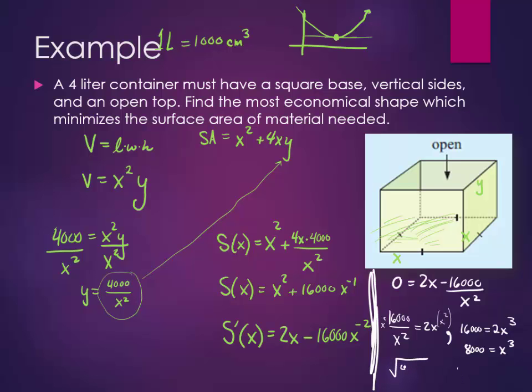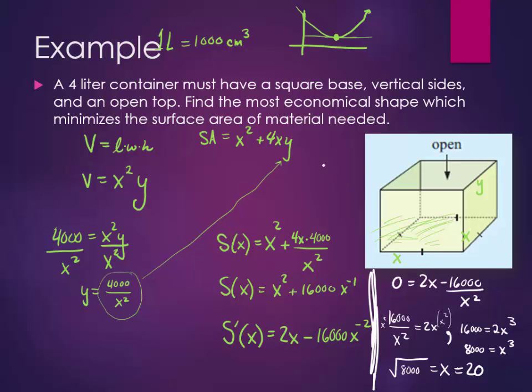The cube root of 8,000 equals x, which is 20. Yeah. 20. Okay. So x is 20.